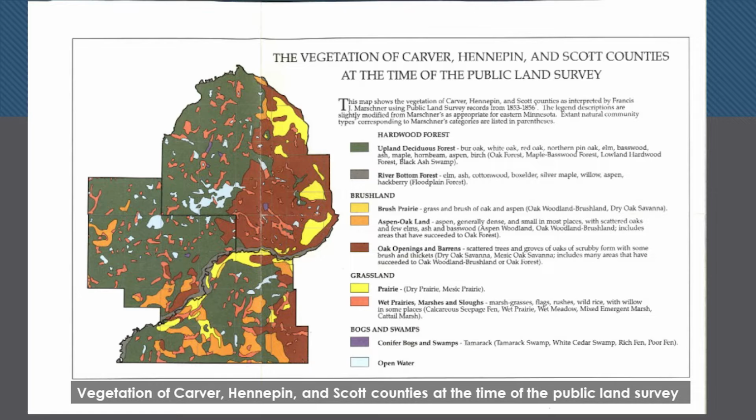Hennepin County is right here. And here's Lake Minnetonka. And here's Grays Bay Marina. The city of Minnetonka only gets that much of Lake Minnetonka, Grays Bay Marina. And here's Highway 101.